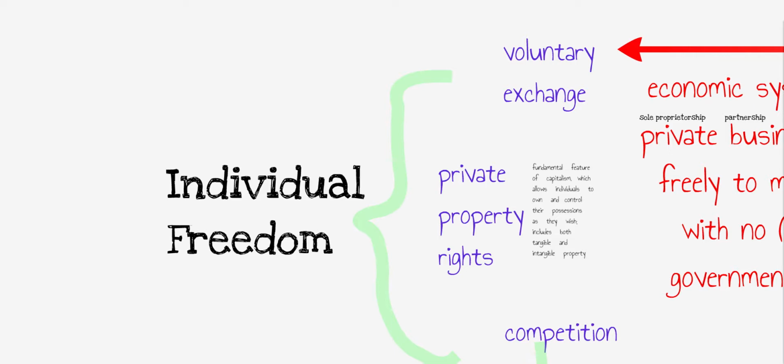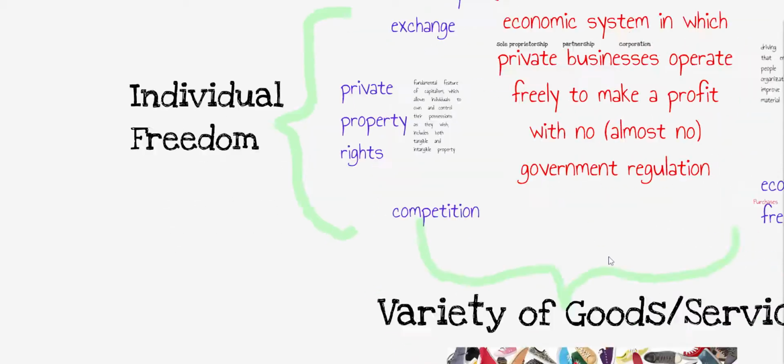So as you're thinking about evaluating free enterprise, one of the criticisms that can be brought up is that the emphasis on individual freedom can sometimes mean the community is not considered, right? So if we think about private property, if we think about competition, think about how that might play out.